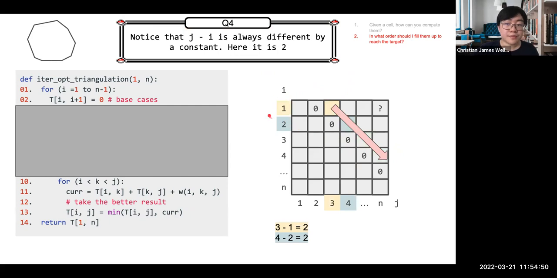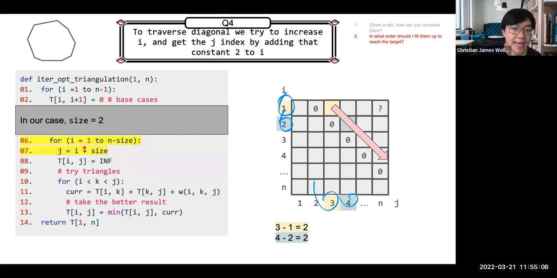One thing to note is that j minus i is always different by a constant. For example, along this diagonal, 3 minus 1 is equal to 2, and 4 minus 2 is always equal to 2. It's different by a constant. So how you do it is that you increment for i to n minus size, so to go down.